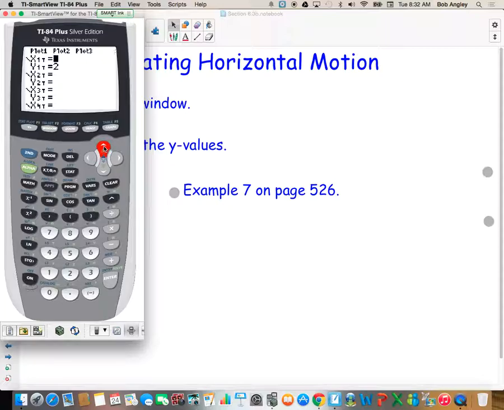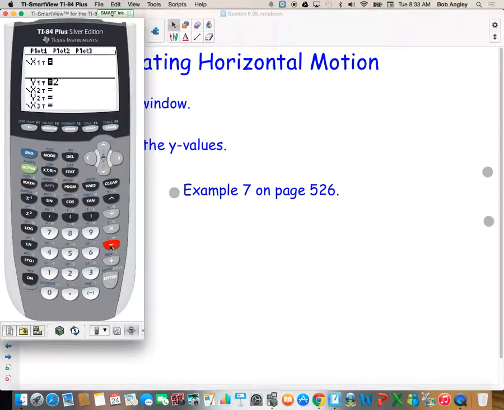All right, and now go up to the top one, and I want you to copy in the equation out of the text there. And I'm going to do the same thing here. So it's negative 0.1 and then t cubed. All right, now do the little right arrow thing to get it back down where it's supposed to be.